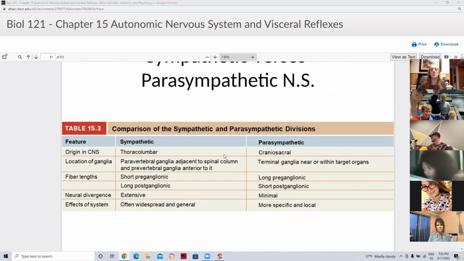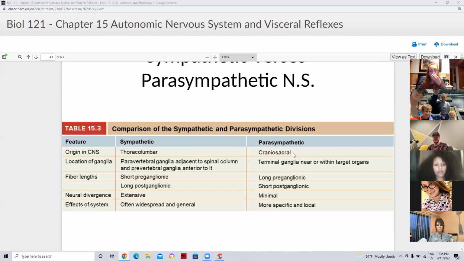With regards to comparison of the sympathetic and parasympathetic nervous system divisions. Origin in the central nervous system for the sympathetic is thoracolumbar. Parasympathetic is craniosacral.